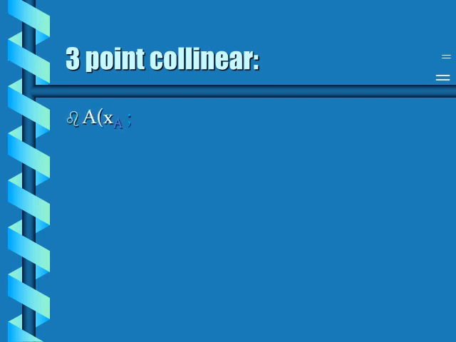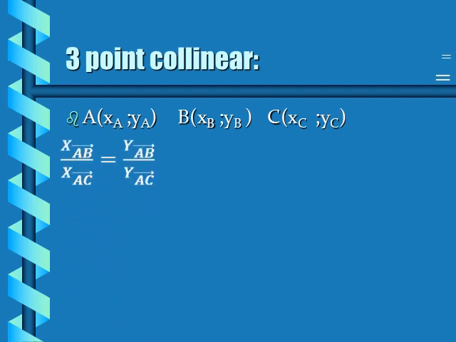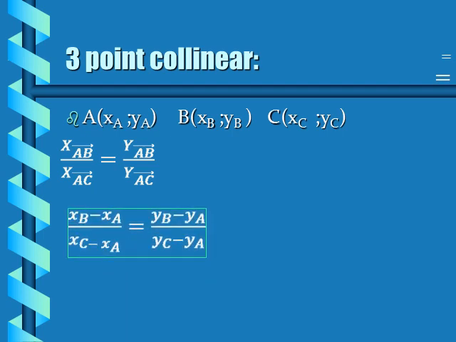Three-point collinearity. A has coordinates xA, yA, B has xB, yB, C has xC, yC. We say that A, B, C are collinear if x of AB over x of AC equals y of AB over y of AC, where x of AB is xB minus xA over xC minus xA, equal to yB minus yA over yC minus yA.